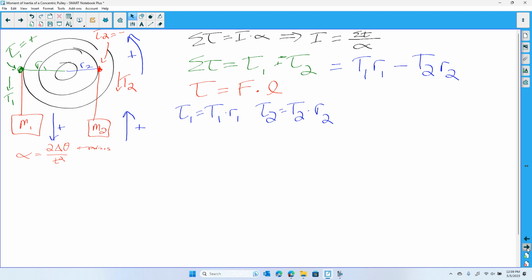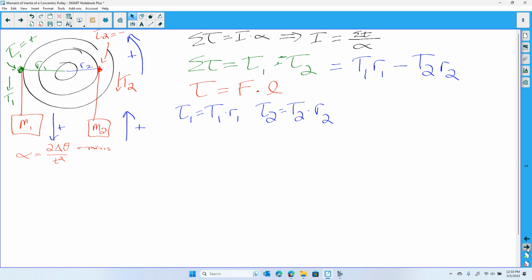Okay, so the difference in those two torques is going to be the sum of the torques on this rotating object. Well, we just talked about the tension in the string and how what is intuitive is that it's going to be equal to the weight of those masses, but it's not equal to the weight of those masses.